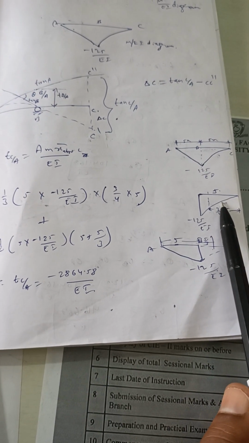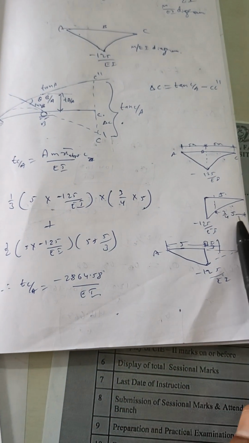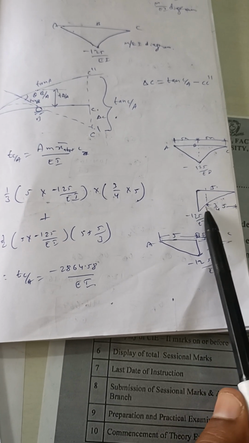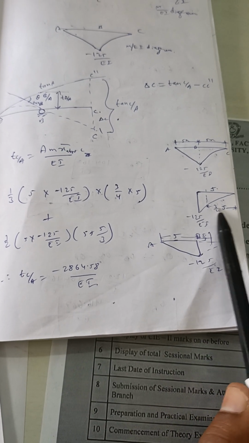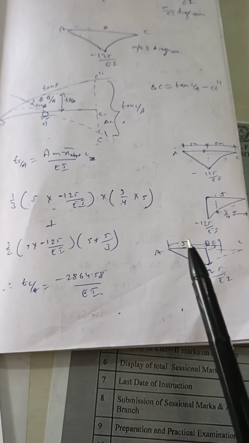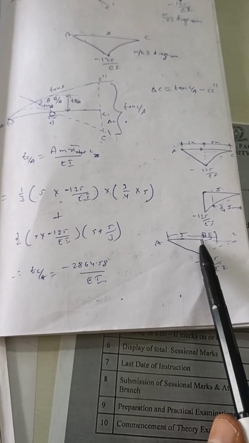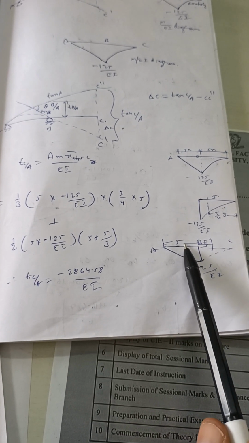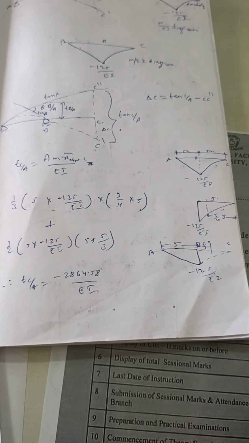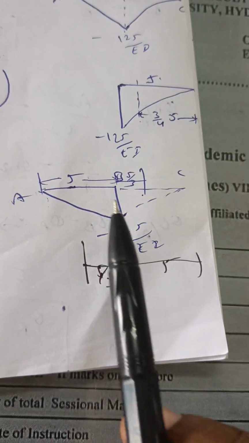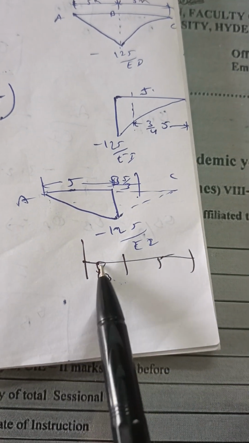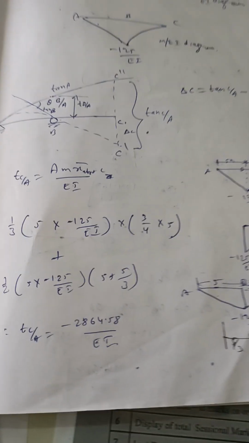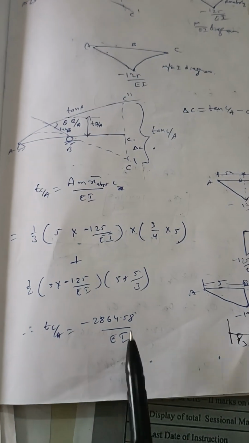First this portion's area is 1 by 3 times 5 into minus 125 by EI, because it is a parabola, into x bar, which is 3 by 4 into 5, plus the area of the triangle, half into base into height, 5 into minus 125 by EI, into 5 by 3 plus 5. Then you will get the t C by A value as this one.